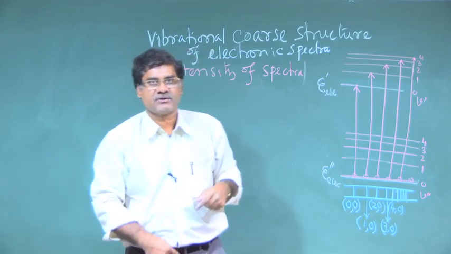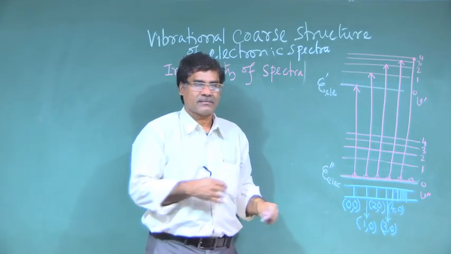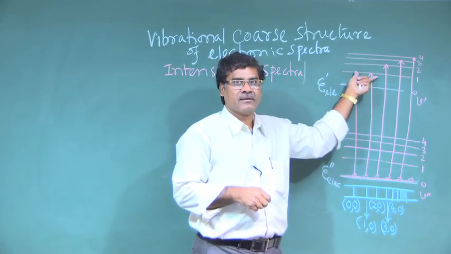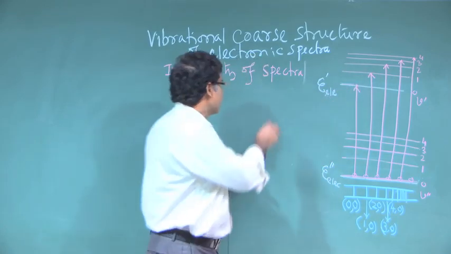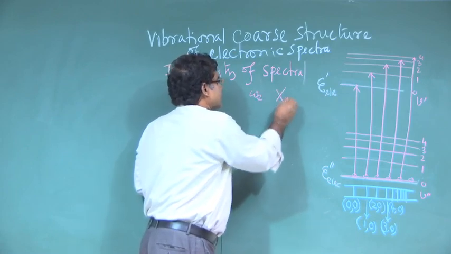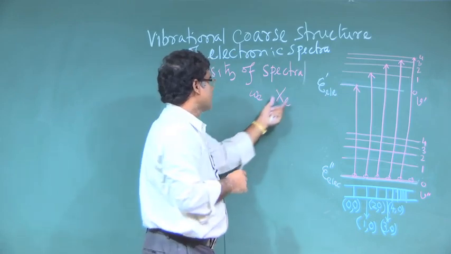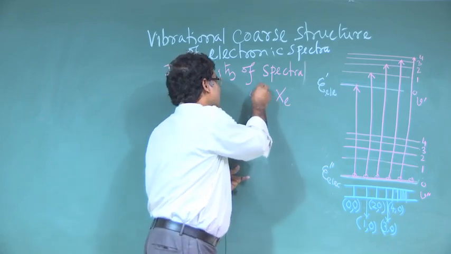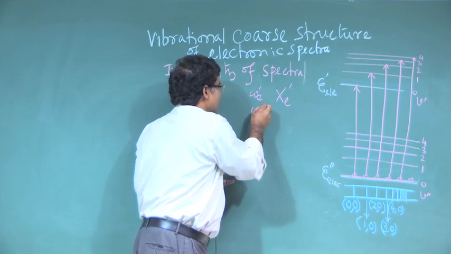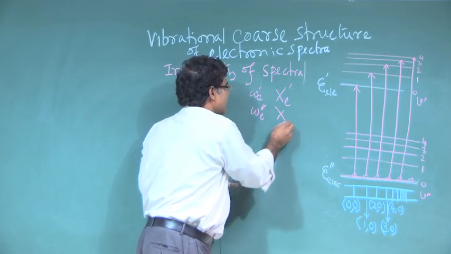It is in a different situation. We have seen that I have written this omega e and chi e, x e, anharmonicity constant. So, we have written dash, also we have written double dash.